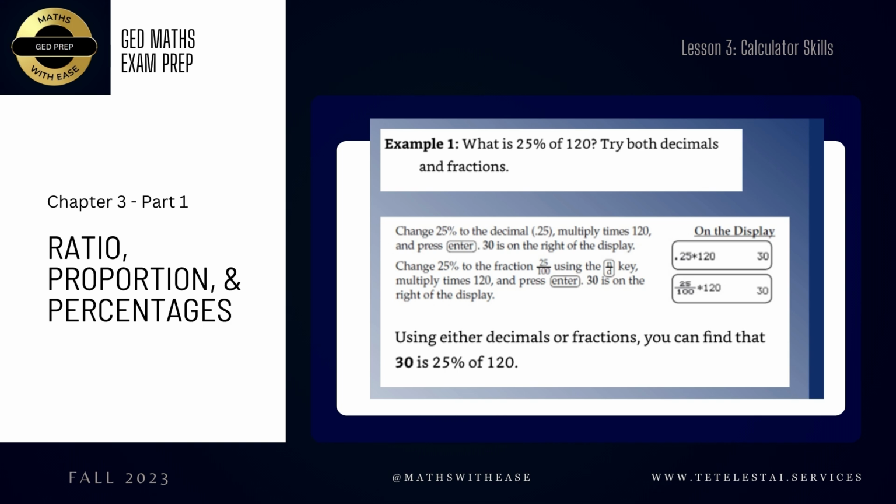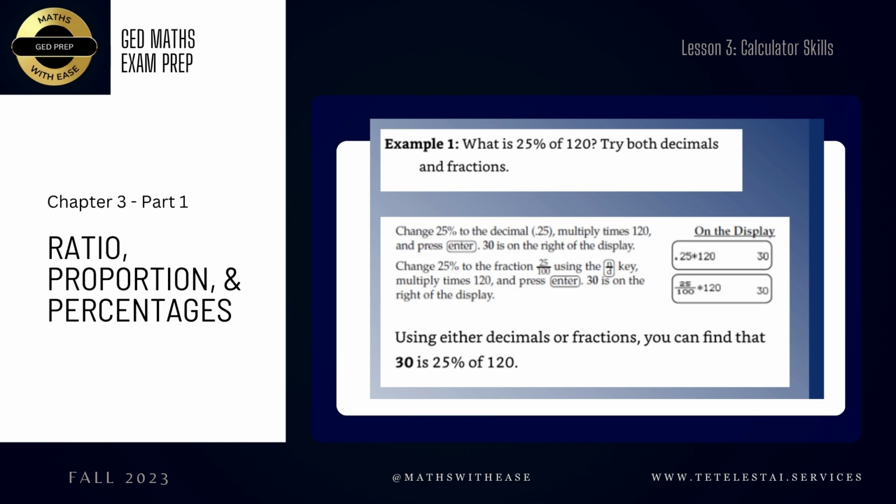You press the multiplication key, and then you enter the base, which is 120, and then you press enter, and you would see your answer on the right side of your display, which is 30.